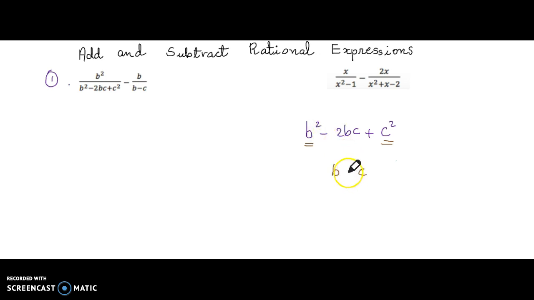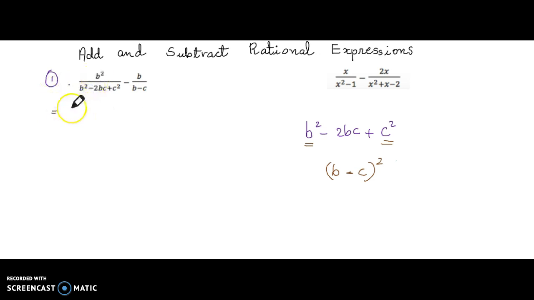The sign of the middle term is negative, so I put a negative sign in the middle and write it as parentheses squared. Always double check by seeing if the middle term matches up when you multiply it out. 2 times negative c times b is negative 2bc. It does match up. So the denominator can be written as b minus c the whole square.